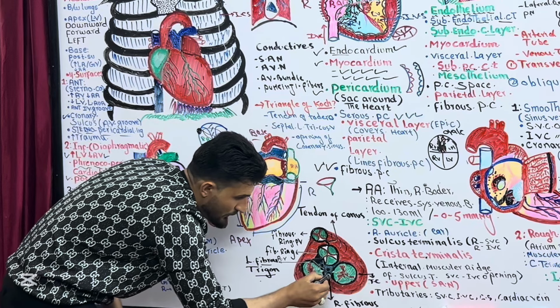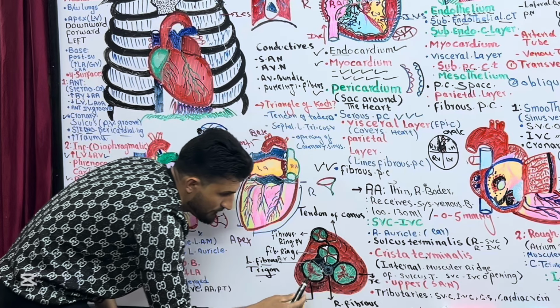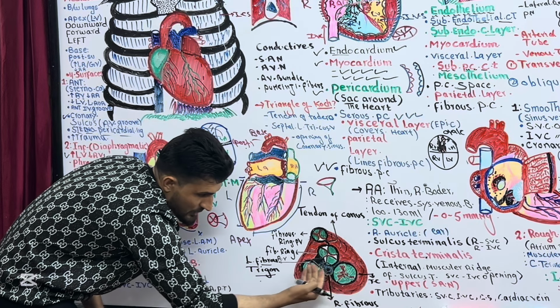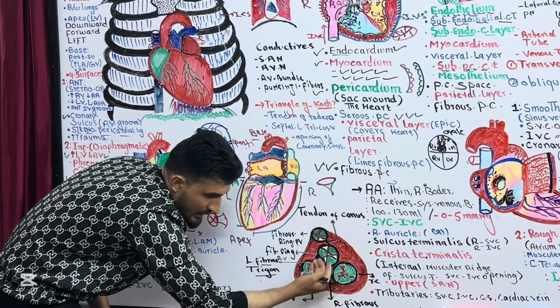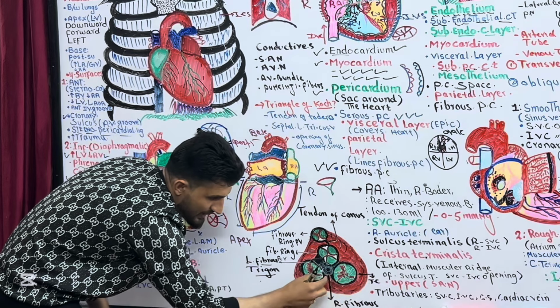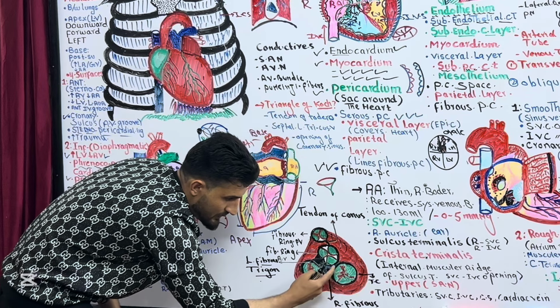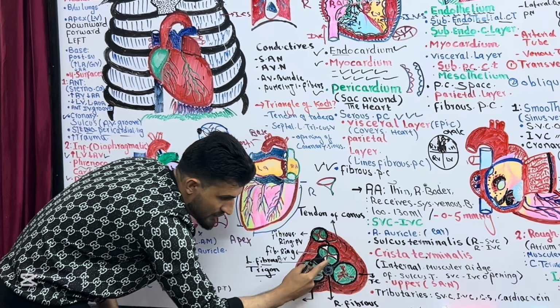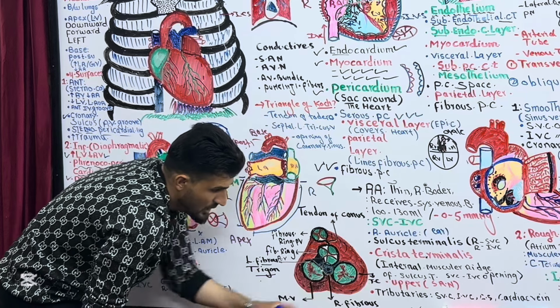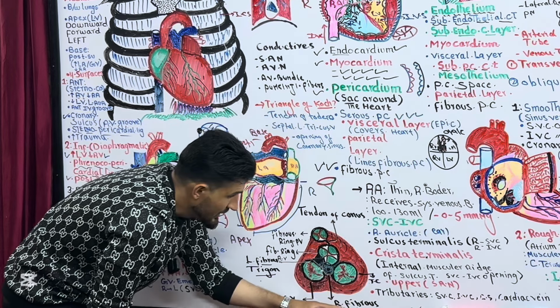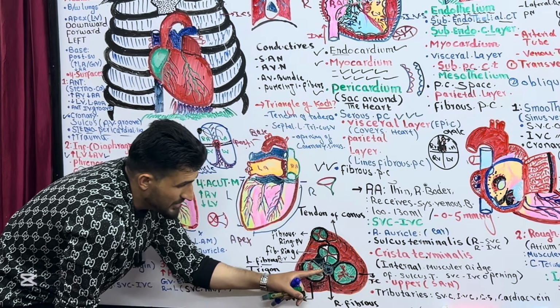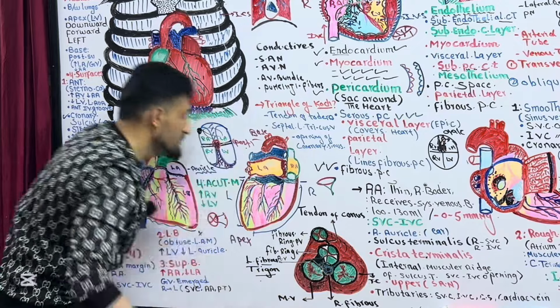And here we have another fibrous part of this fibrous skeleton of the heart between these rings, which connects the mitral valve, tricuspid valve, and aortic valve, and this is called the right fibrous trigone. And here we have an important structure which is called the AV node.